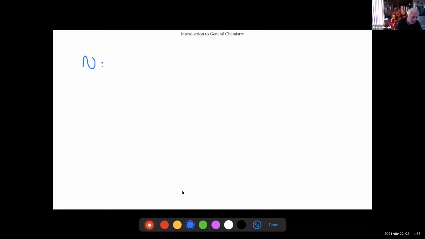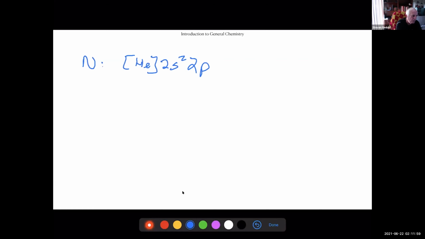So let's go to nitrogen. Nitrogen is helium, 2s2, 2p3, right? So how many valence electrons or outer electrons does nitrogen have? 5. Nitrogen has 5, which is more than 4, so it's going to bring in 3 electrons. It's going to add 3.